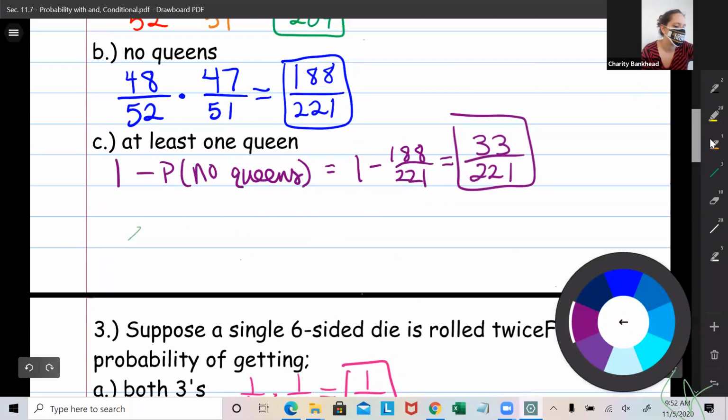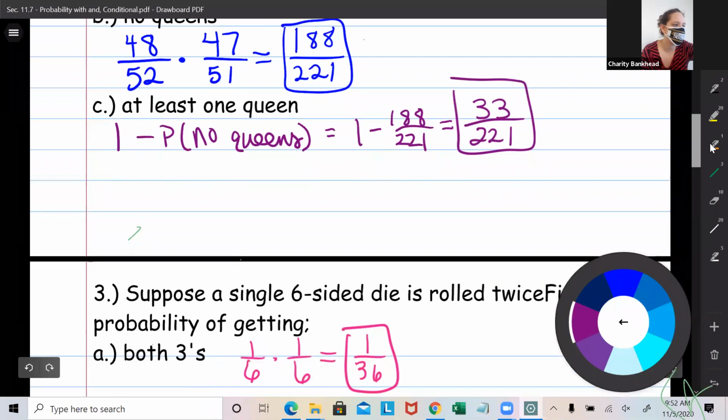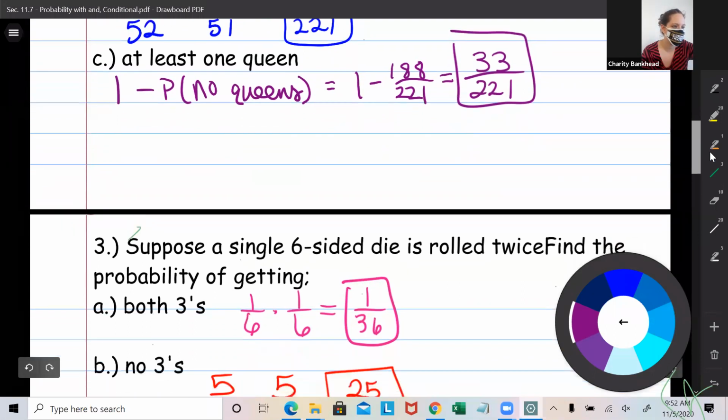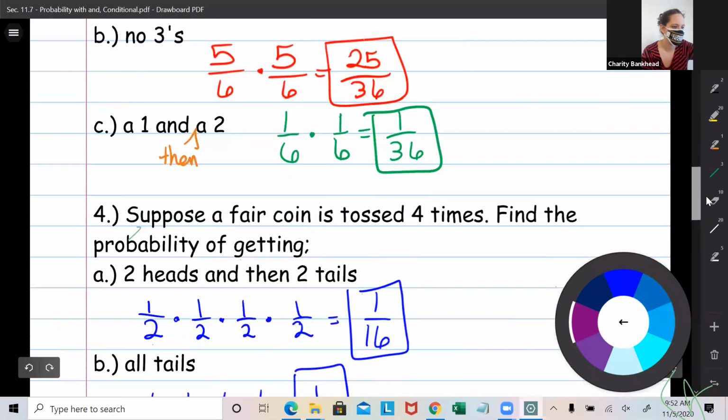Yeah. At least 1. So if you think back to what we learned from chapter 3, at least 1 is like the complement, or like, we talked about the negation. At least 1 is like the complement to none. So that's why we do 1 minus.